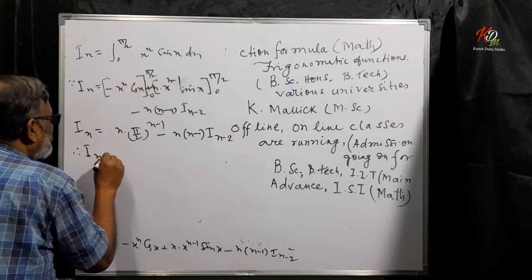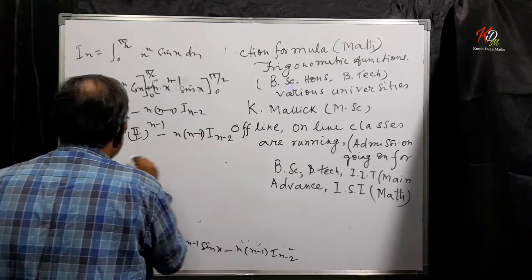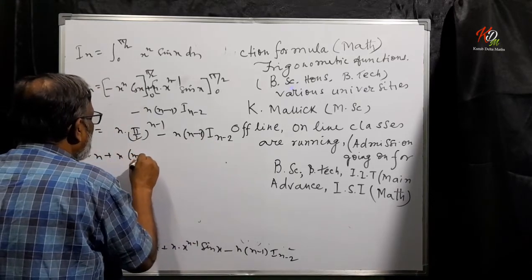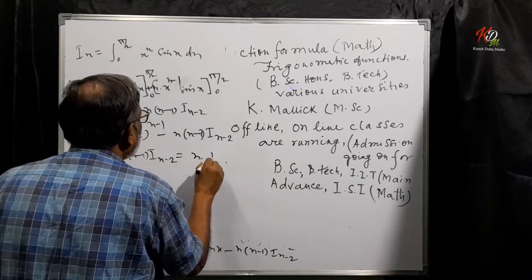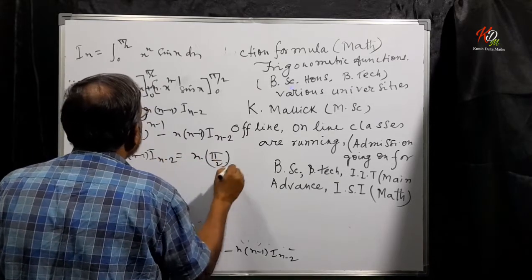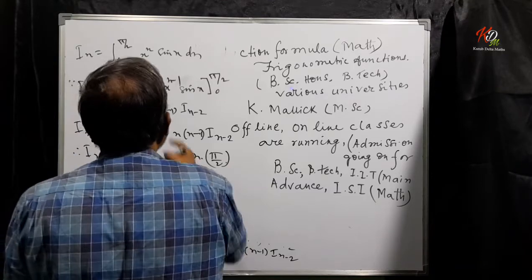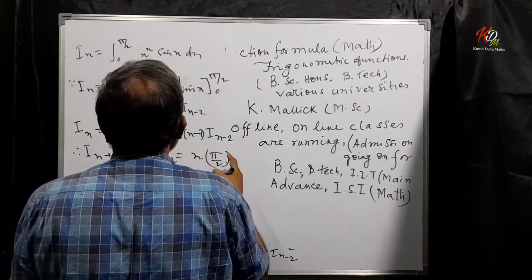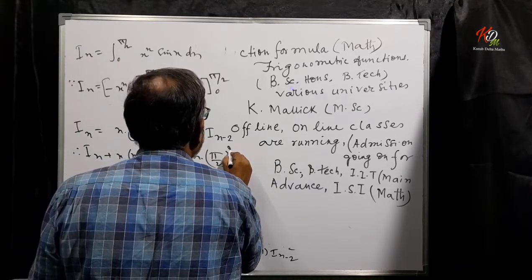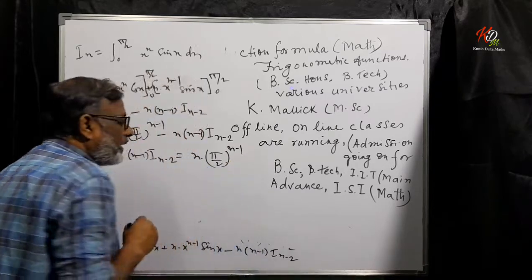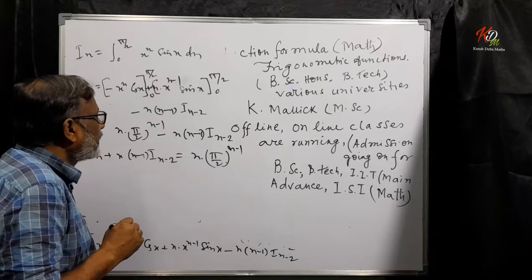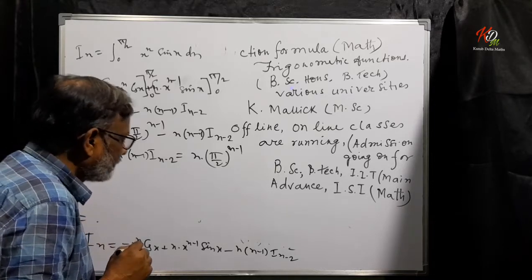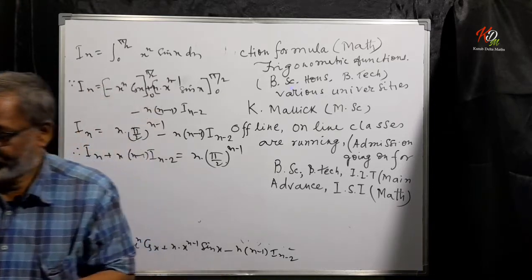So I n plus n into n minus 1 I n minus 2 equals n pi by 2 to the power n minus 1. This is the desired result when putting the values of pi by 2 and 0. No problem.